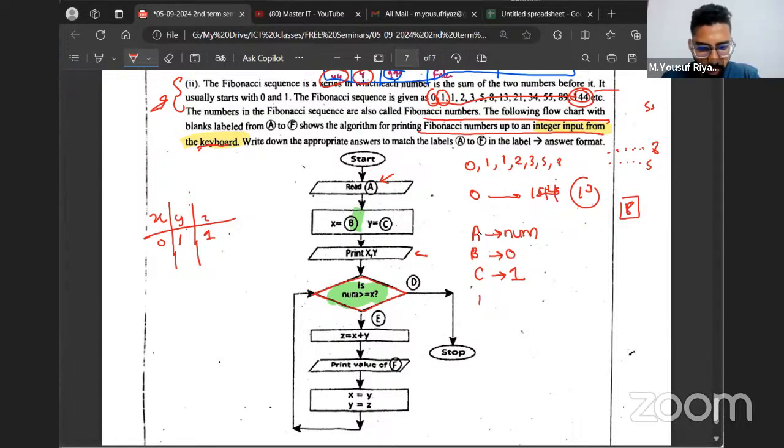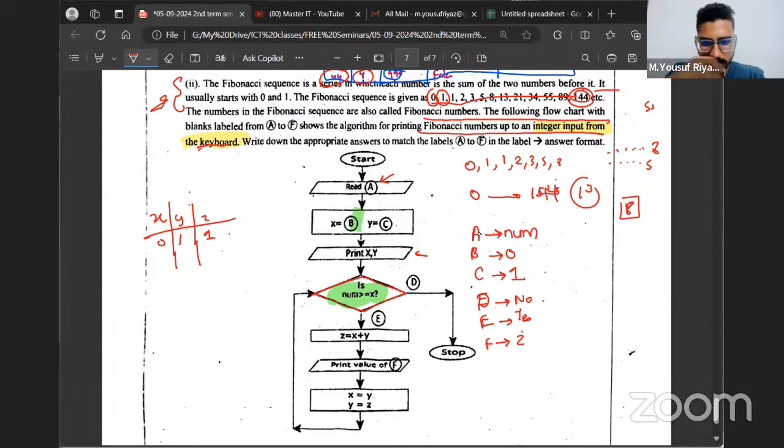So E is going to be yes and D is going to be no. As long as the number is greater than or equal to x, we're going to find the value of z and print the value of z, and x equals y plus z, and so on. Okay.